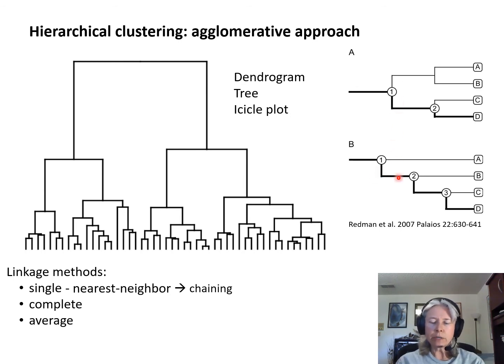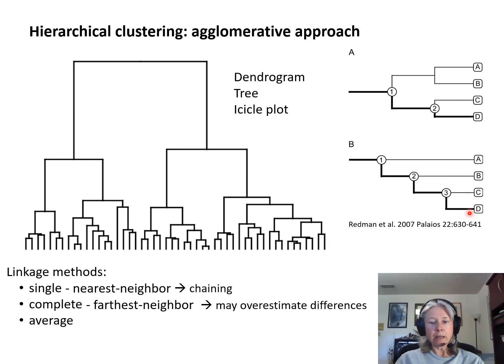These trees were generated with the same data. The top dendrogram was generated using an average linkage method, and the one down here was generated with a single linkage method. And you can see here what I mean by this chaining. The complete linkage method, on the other hand, is sometimes called the farthest neighbor method, and it sort of takes the opposite extreme, and it can overemphasize differences that exist.